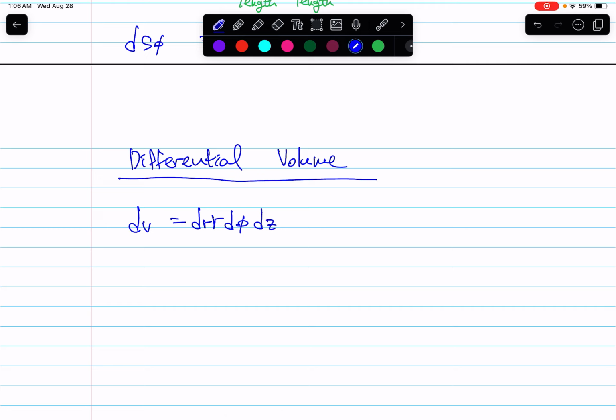So again, make sure you keep this r. Okay, so this guy is a length, this multiplication is a length, and this is a length. So that's why it leads to a volume.